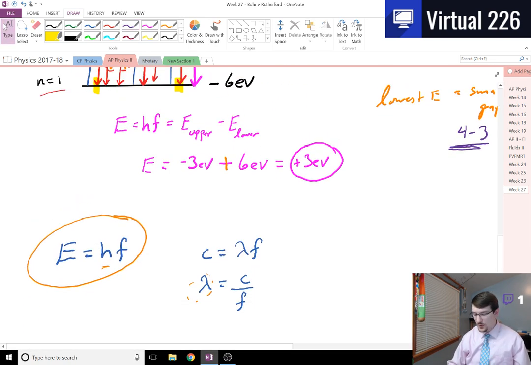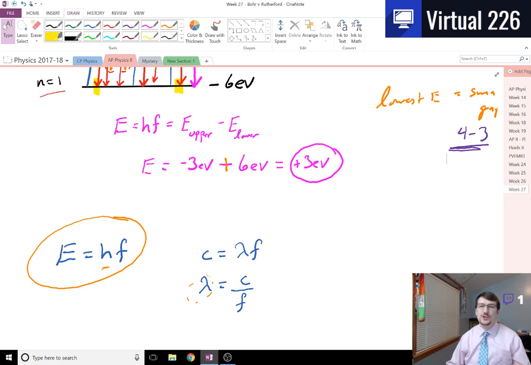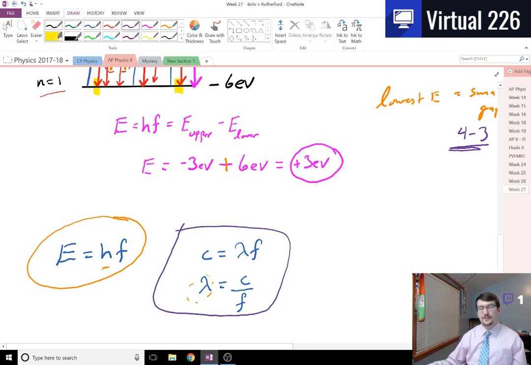So we know that a low energy gives us a low frequency, which gives us a long wavelength. If you don't want to work through this logic come exam day, what you can also think about is this. Looking at the electromagnetic spectrum, red light on the visible spectrum has very long wavelengths with respect to the purple light.